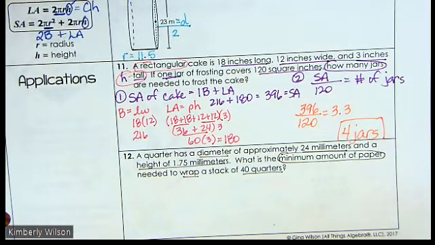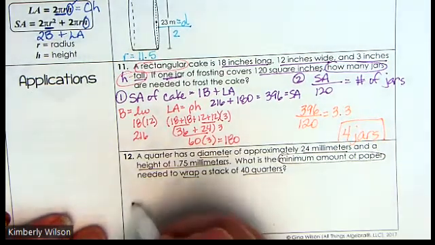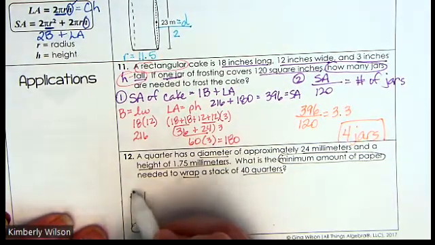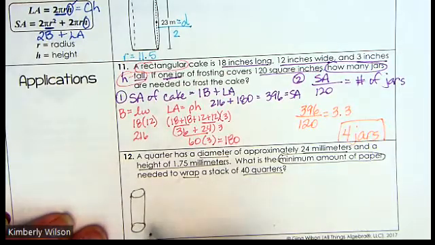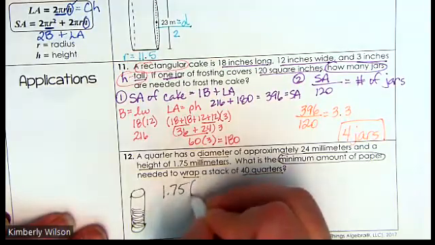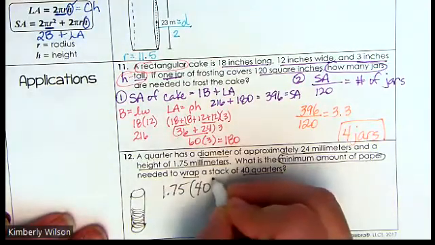Okay, so that shape is going to be a cylinder, but it's going to be like 40 of these things, and each one is 1.75 high. All I got to do is 1.75 times 40.